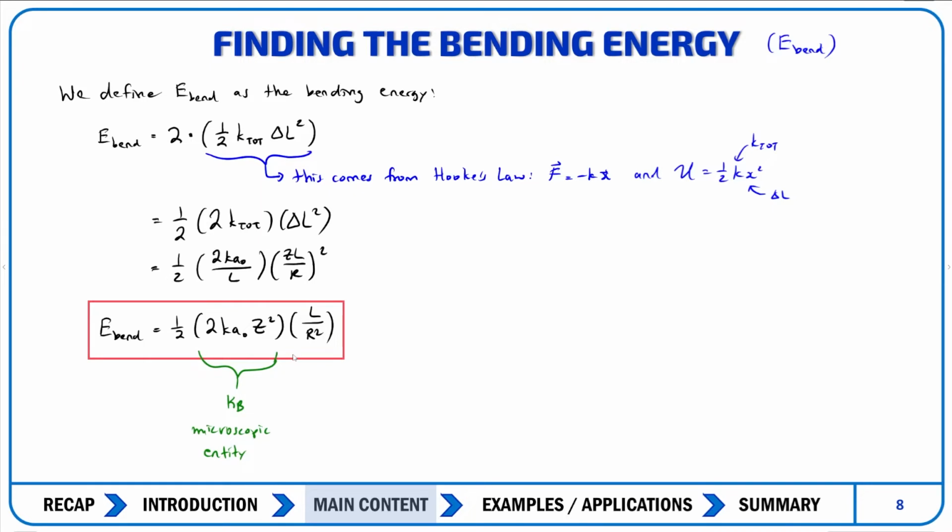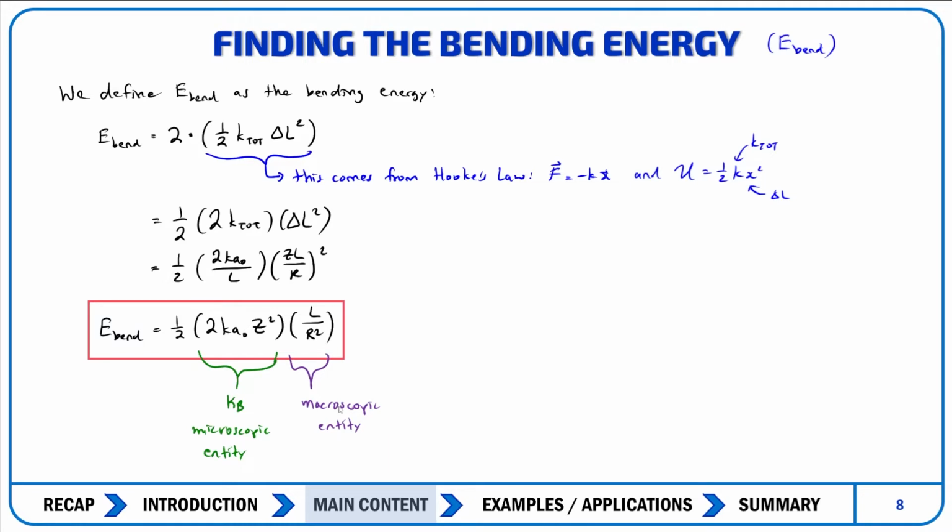Now, on the flip side, we have this one, L over R squared, which we'll put in purple. And this simply just represents the macroscopic entity. So these are terms that we can find out on a macroscopic level, like the length and the radius, that we can easily measure.